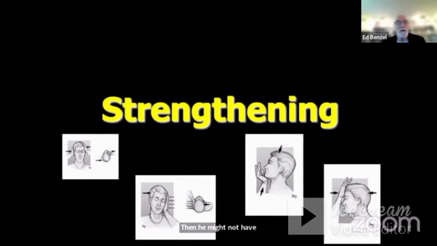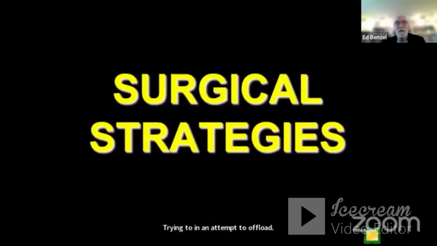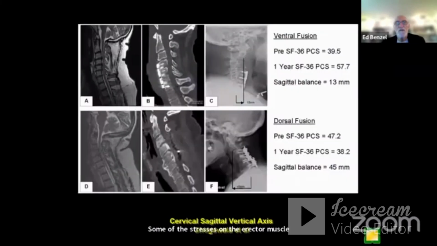We can do strengthening of the muscles with a variety of exercises. This one is probably the best, having the head push backward against the hands pushing forward, working on the strength of the erector spinae muscle, in an attempt to offload some of the stresses on the erector spinae muscle. Surgical strategies basically fall into two categories, ventral and dorsal.